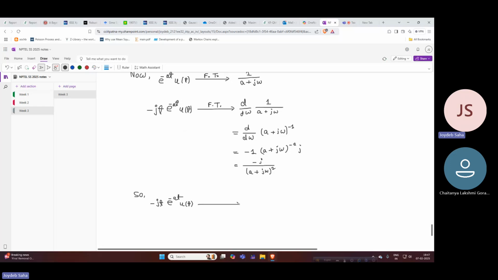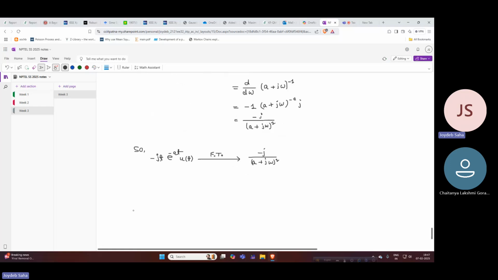Its Fourier transform is minus j upon (a plus j omega) square.